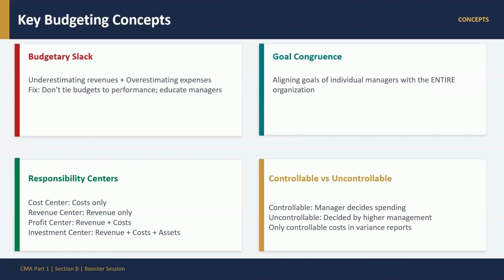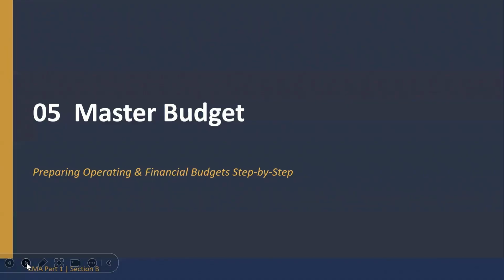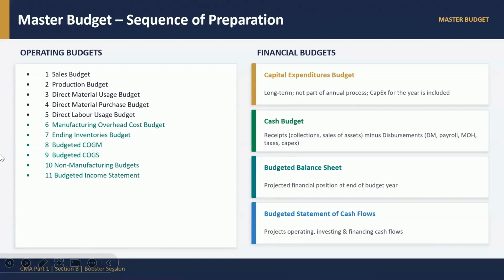Moving on to the next topic: master budget preparation. Here we need to know the list of operating and financing budgets. In operating budgets, you start with the sales budget, and as I told you, it ends with the budgeted income statement.